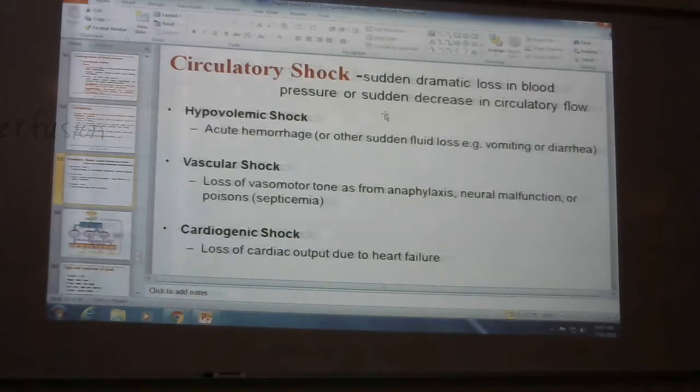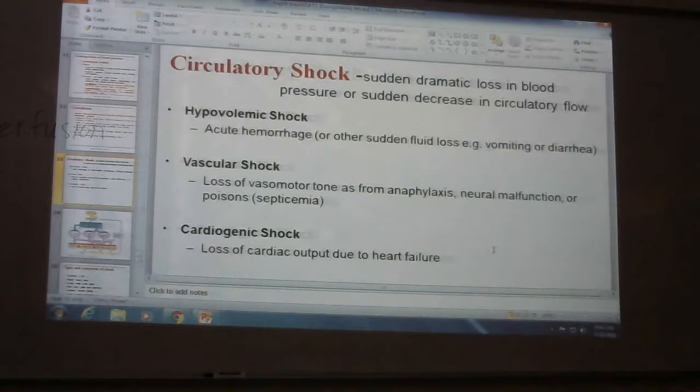Have you heard this word shock? Shock means there's no more blood flow. So there's shock because of low blood volume, hypovolemic shock. Vascular shock, meaning maybe there's severe anaphylaxis, severe allergy.